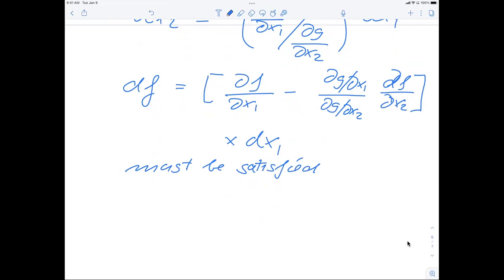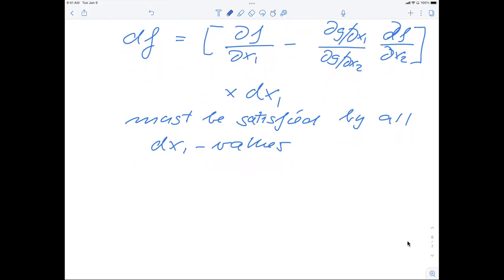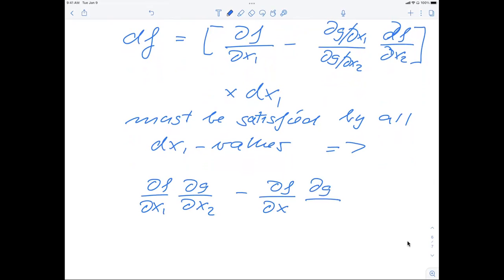This is satisfied by all possible values of dx1. So that means what we would have then is the following: I would have df/dx1 times dg/dx2, so I'm just multiplying out, dg/dx2 minus df/dx2 times dg/dx1.